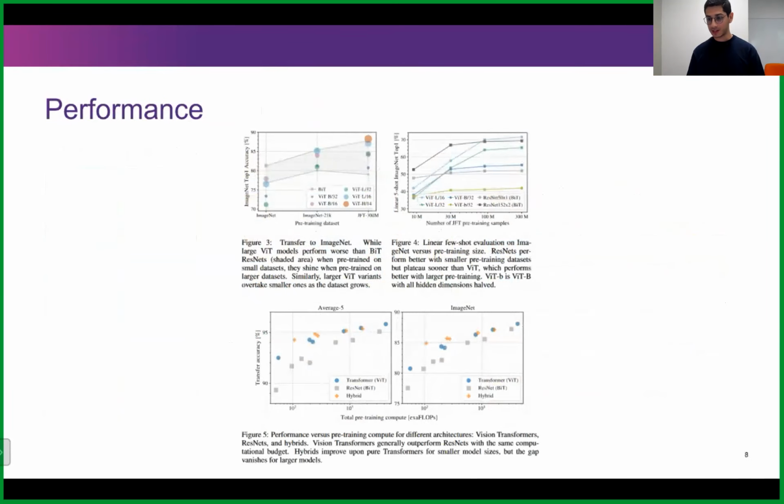And quite amazingly, we can see here that the orange is the hybrid and the blue is the transformer. This is total pre-training compute, so how long, I guess, we spent pre-training our models. With the convolutional neural networks applied to the transformers, it's a lot less dependent on that pre-training data.